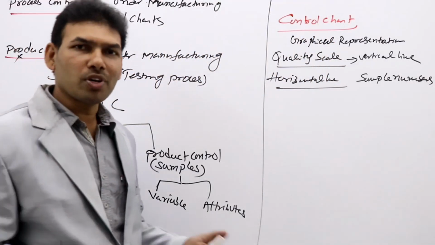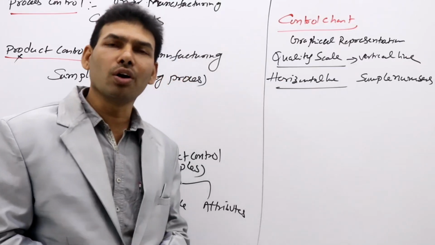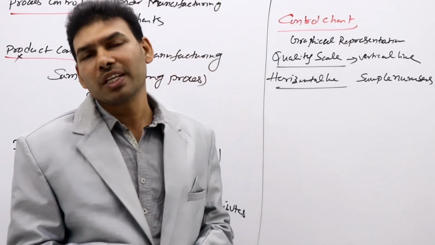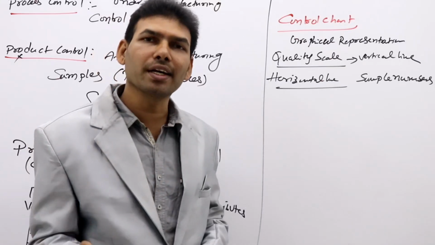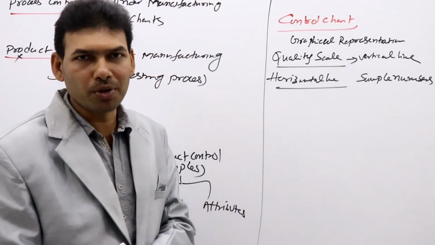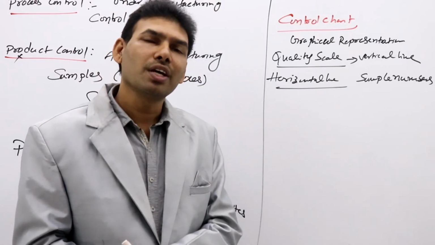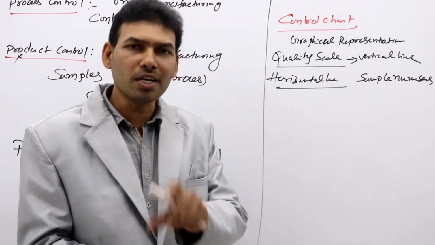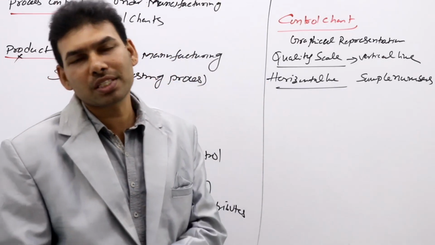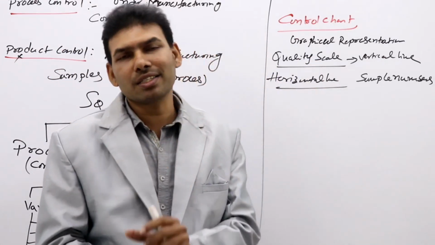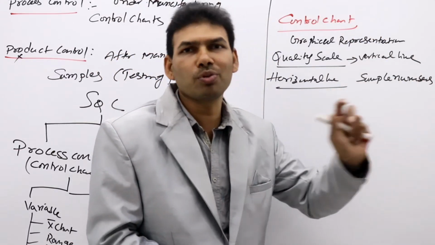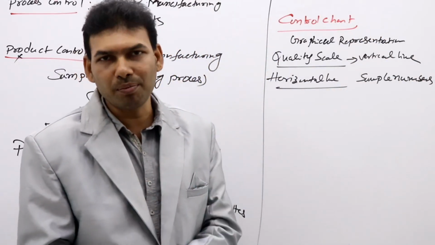So to test whether the process is under control or out of control, we are going to take some samples, say 10 samples. In the first stage of production, there will be 1,000 products. By taking 10 samples, you will give the quality standards for each sample. Sample 1, sample 2, sample 3, sample 4, like that up to 10 samples, or 20 samples.